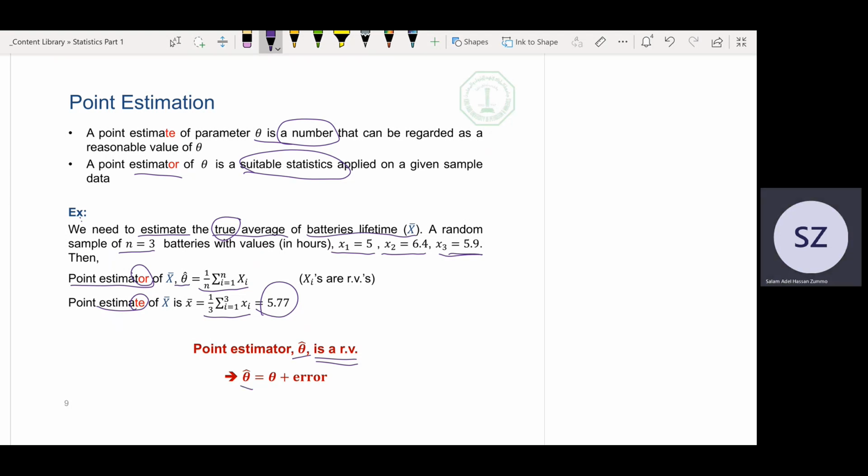So theta hat, the estimator, is nothing but the true value plus error. So this is the true value, and this is the estimate. So basically the estimator is a random variable by itself.